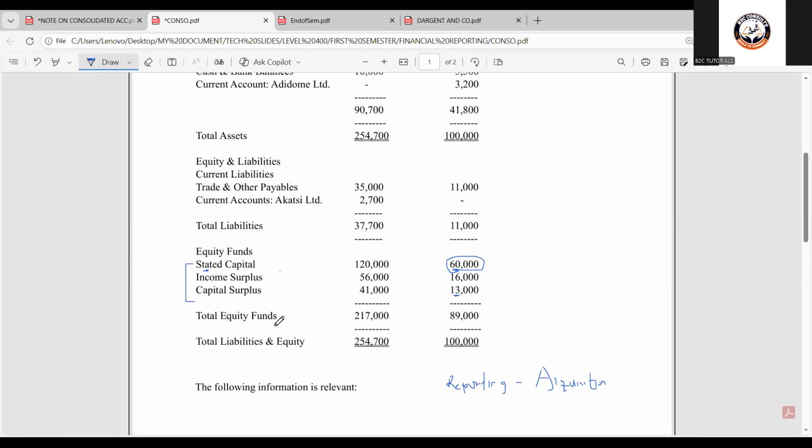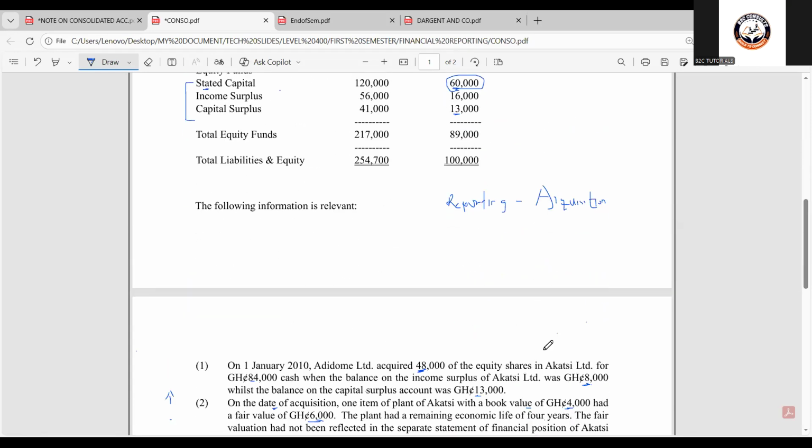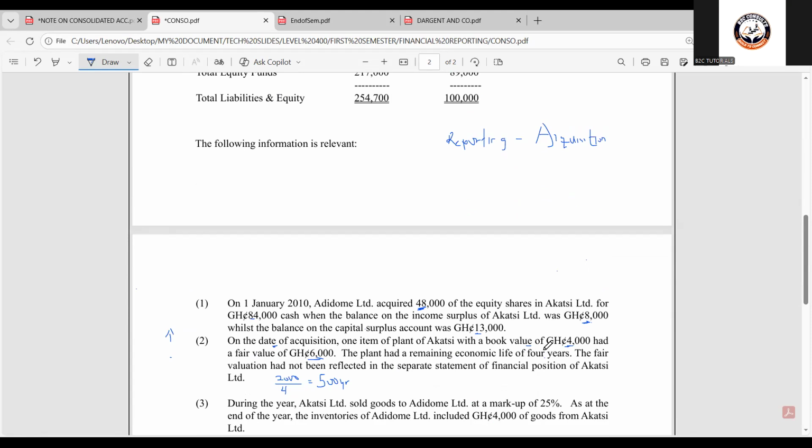How many years has the company been with us? When we check, the period was how many years? 3 years. So the depreciation for the entire period would be the 500 cedis times the 3 years, which is going to give us 1,500.